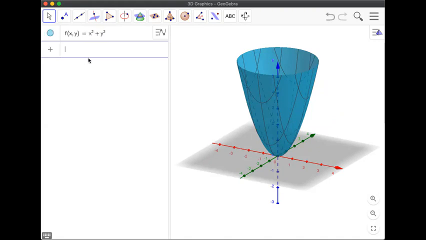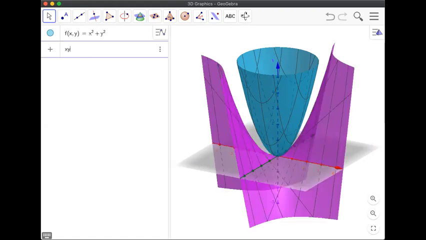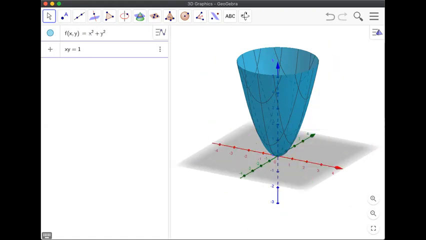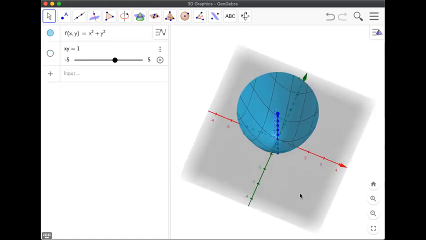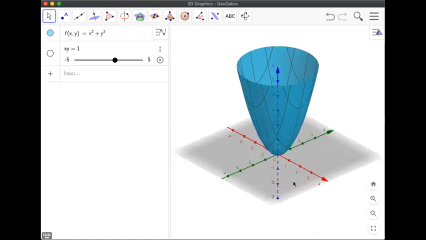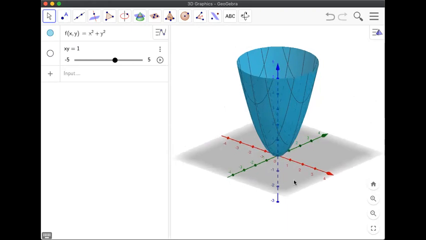And then let us try to look at xy equals 1. I want the sketch of the line.